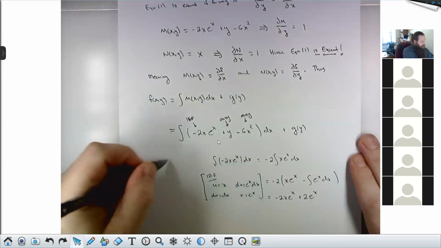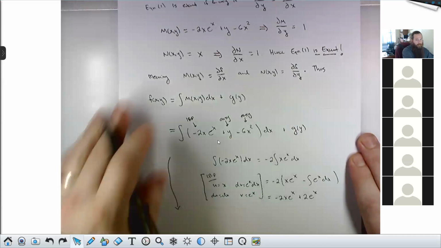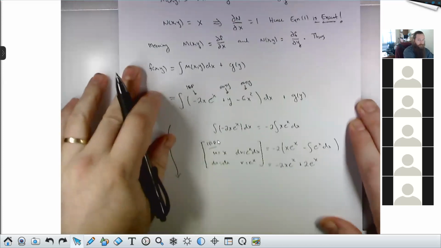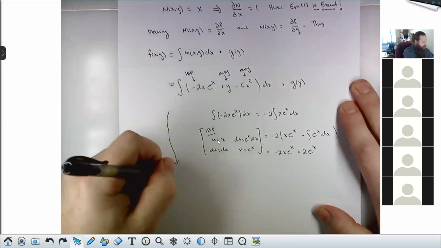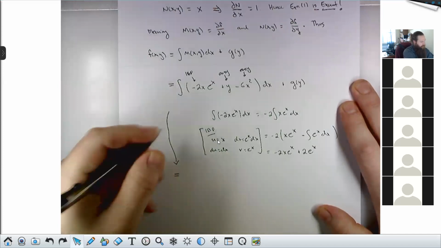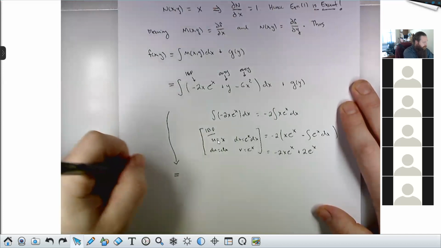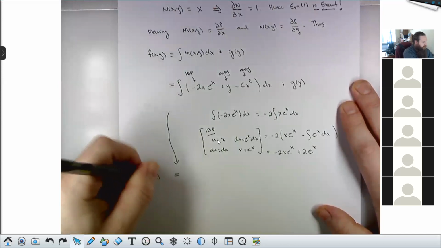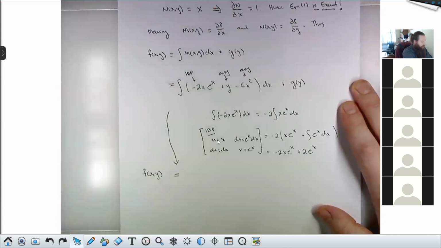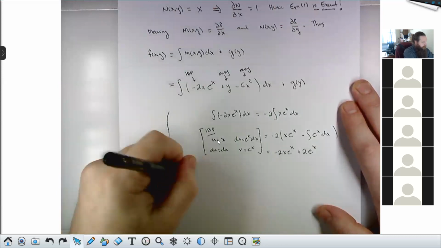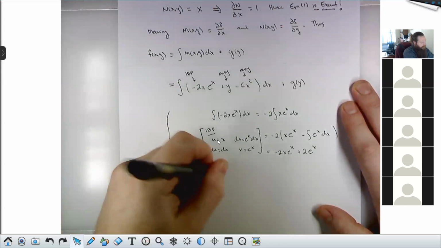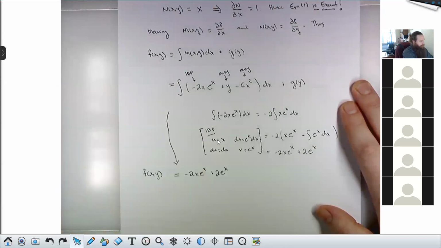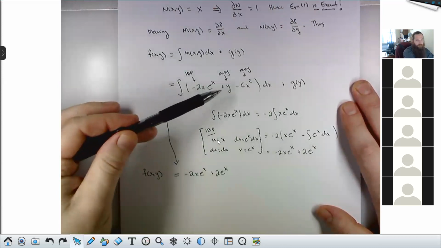So altogether, this line becomes, I'll write it by f again. We have f of xy is equal to this term, negative 2x e to the x plus 2 e to the x, plus the integral of this term.